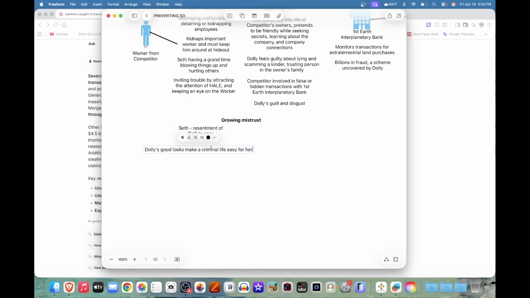Now, at first he doesn't care. At first he feels like, this is great, I can use her. But as he struggles, and she's living in, okay, yeah, Dolly's reports cause resentment.